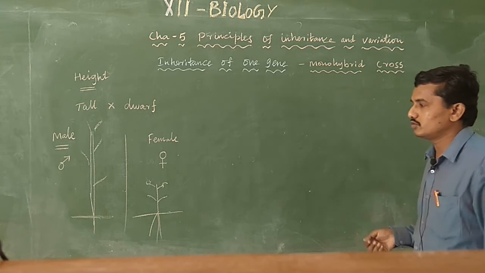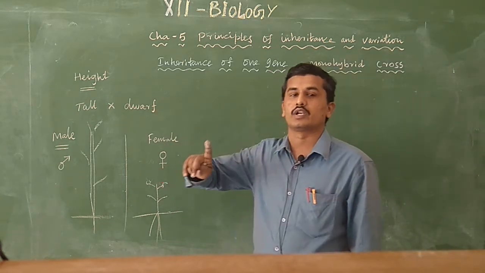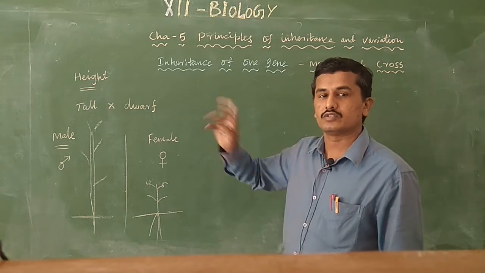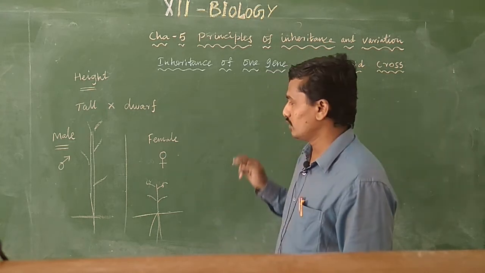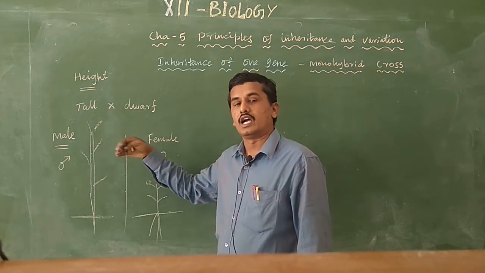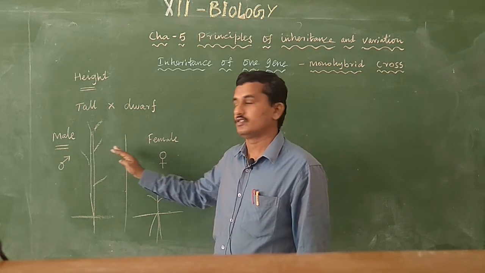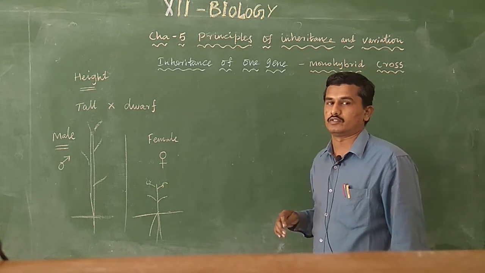So Mendel chose two versions of one character, height: one tall, one dwarf. In one field Mendel sowed and grew tall pea plants, and in another field he grew dwarf pea plants.